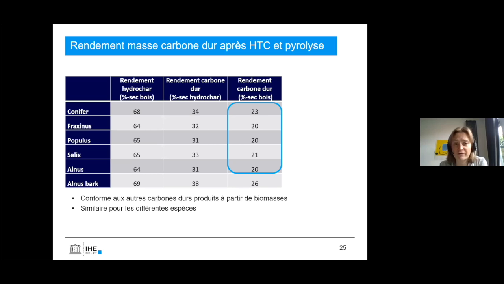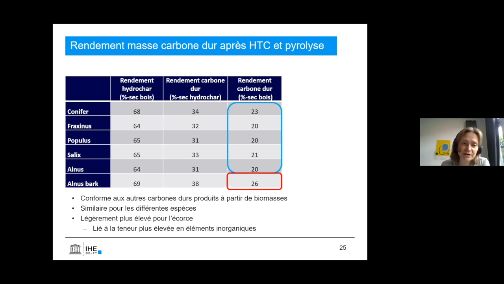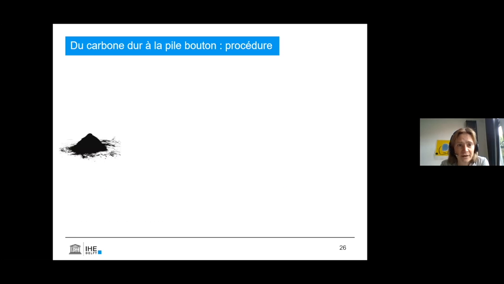And this is quite similar with what we find with other biomasses when we turn them into hard carbon. It's slightly higher for bark. Once again, it's a particular case related to the higher content in inorganic elements.